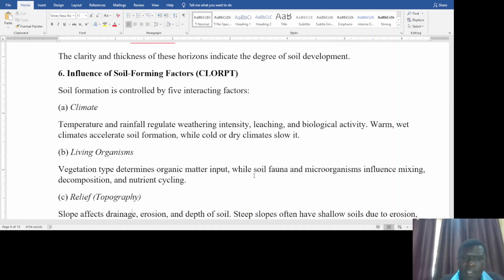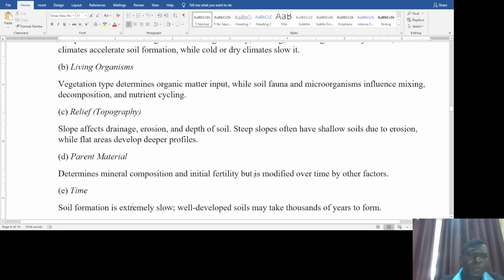Then we have the relief of a place or topography. And when I talk about relief, this one simply means the slope. And slope directly influences drainage or water movement. It influences erosion and the depth of soil.